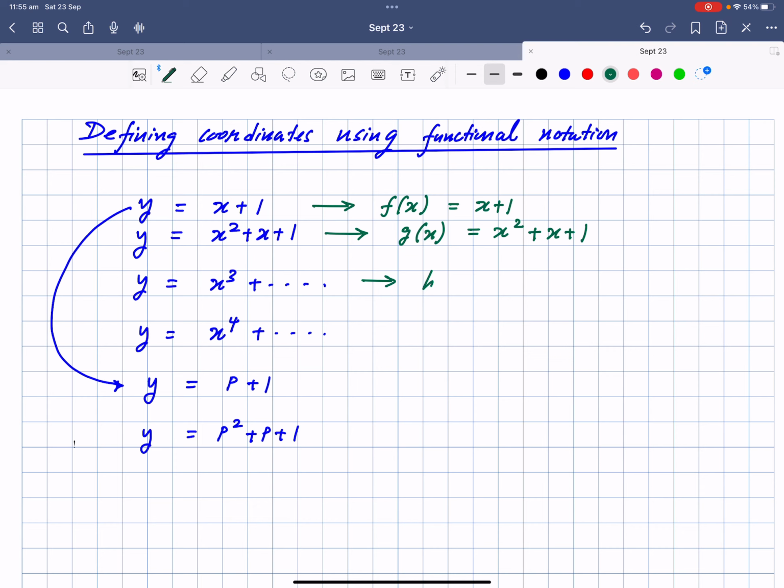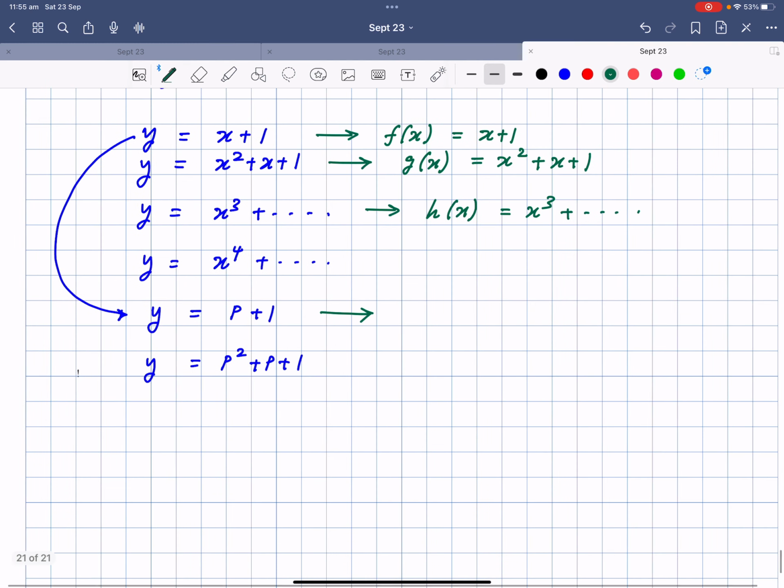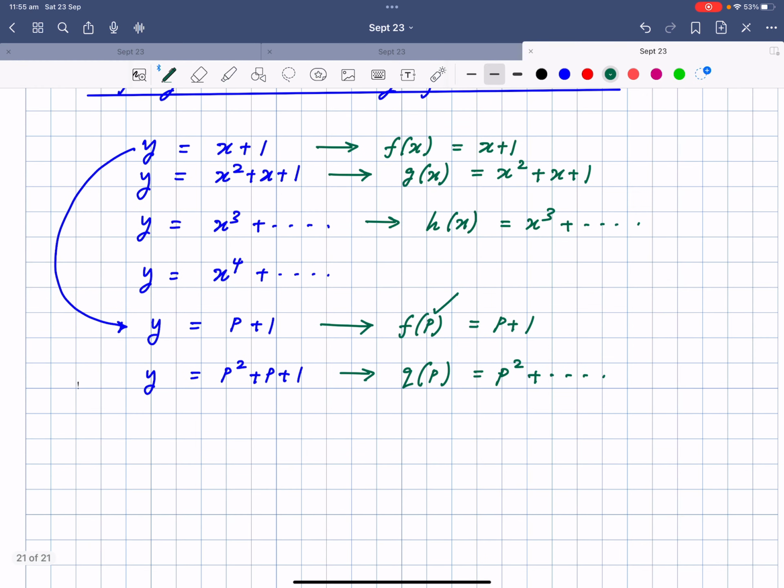This one you can write if you want h of x to the power 3, whatever. Now, in this situation, the independent variable is p. So what you have to write, f of p now. f of p is equal to p plus 1. Because there you have to indicate the independent variable. This one can be any simple q, p squared and whatever. So this is the functional notation, right?